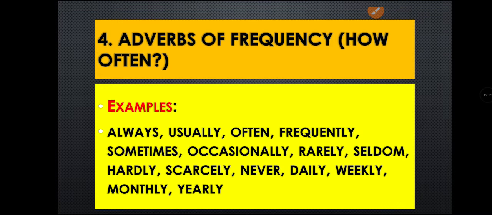So let's move to the next type of adverb, that is adverb of frequency. In order to get the answer here, we have to ask how often. Here is a list of adverbs of frequency. Let's read now.